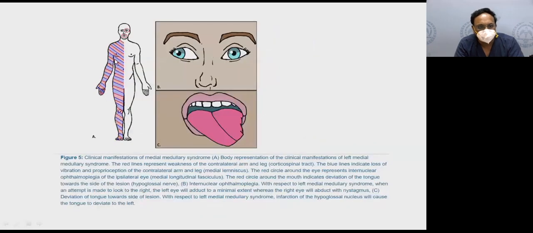You have contralateral weakness and loss of joint position sense on the contralateral side, whereas on the ipsilateral side you can have INO, internuclear ophthalmoplegia, and also deviation of the tongue towards the same side. It is a left-sided medial medullary syndrome. So the tongue is deviated to the same side, and on the opposite side you have weakness and loss of joint position sense.